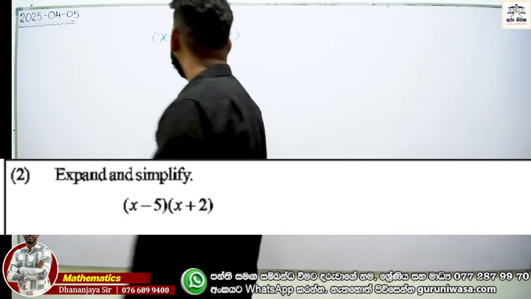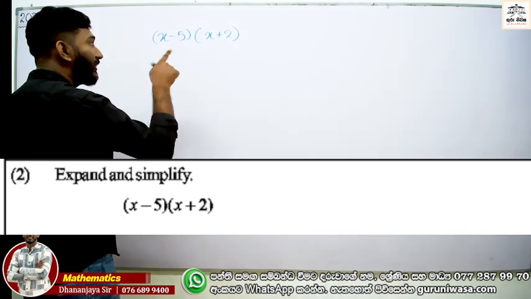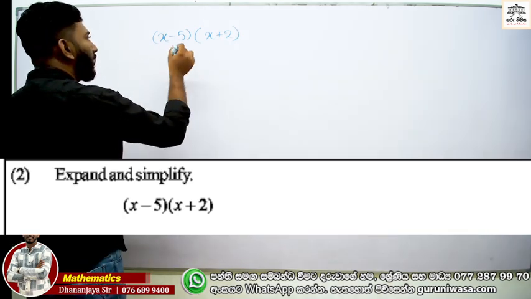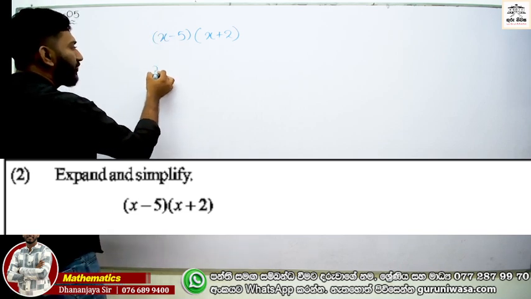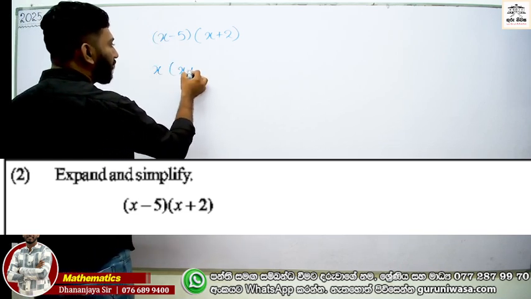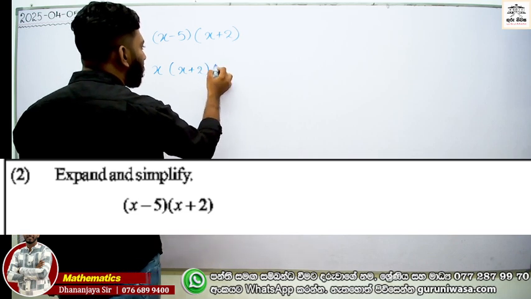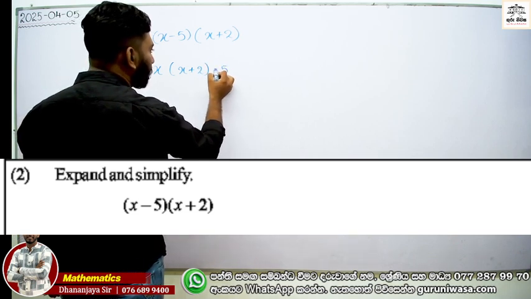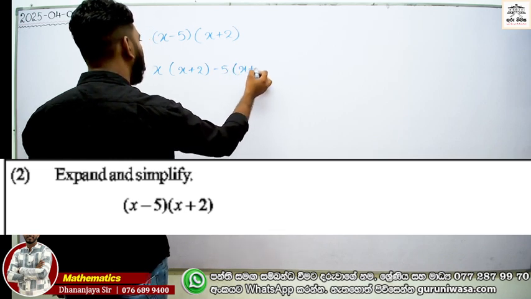X minus 5, x plus 2, and you know how to expand these brackets, right? First term becomes x, therefore x into x plus 2, as well as minus 5 into x plus 2.